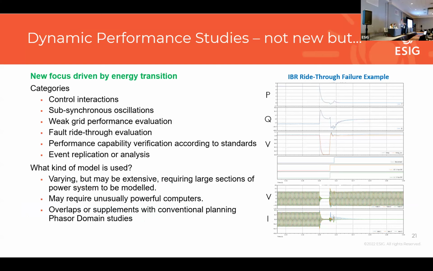So we now have control interactions. Briefly, what we mean here broadly is an IBR interacting with something else. It can be another IBR, it could be a series compensated transmission line. And so actually just in those two, the field is wide open. That's a very broad topic.